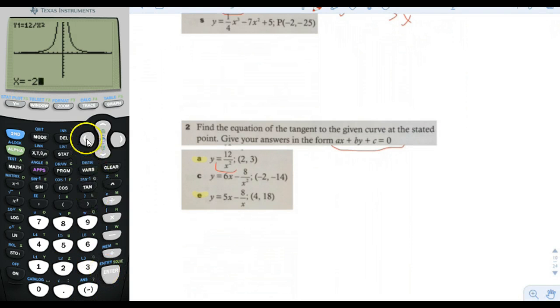Well, I'm sorry, +2, right? 2. That's this one here. And it's going to give us a gradient-intercept form of y equals -3x plus 9.